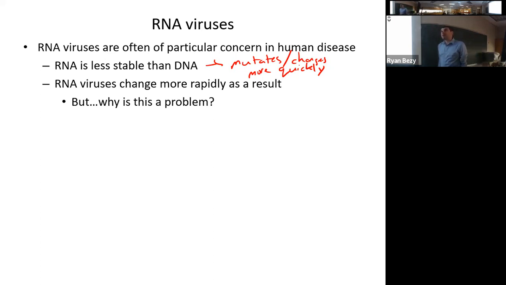DNA viruses have pretty slow rates of change because their DNA is very stable. RNA viruses can change much more rapidly. Why would that be a problem if we're talking about disease then? It's hard to keep up with vaccines. So it makes vaccines less effective, because the vaccine is going to protect against the version of an RNA virus from last year. Maybe the new version of the RNA virus this year has changed enough so the vaccine doesn't work anymore.